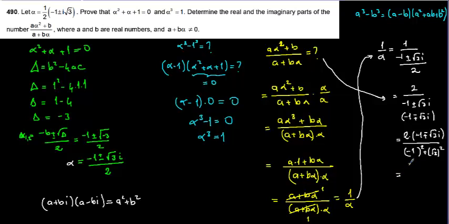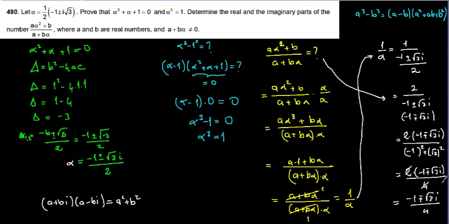So it's going to be equal to minus 2 plus 2 root 3i all over minus 1 square plus root 3 square, or I will write it like this, which is easier: 2 times (minus 1 plus minus root 3i) all over 4. When you simplify 2 and 4, it's going to be equal to (minus 1 plus minus root 3i) over 4.